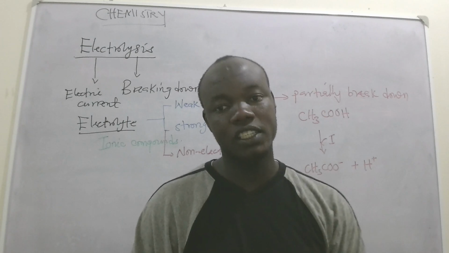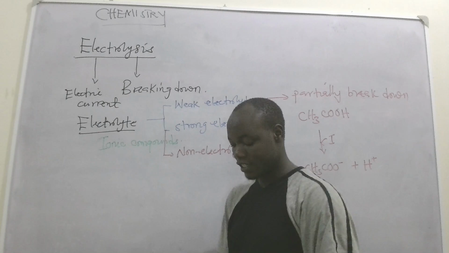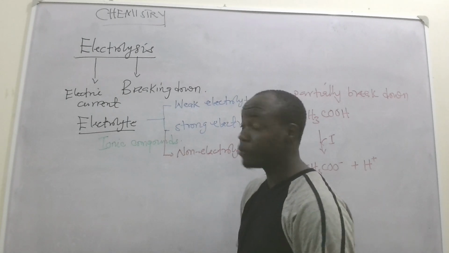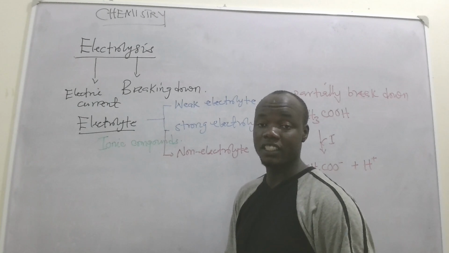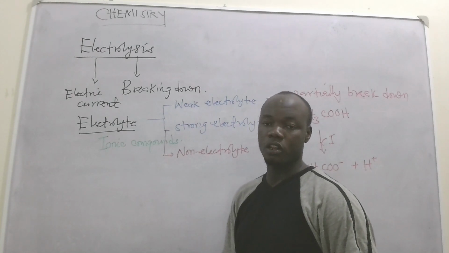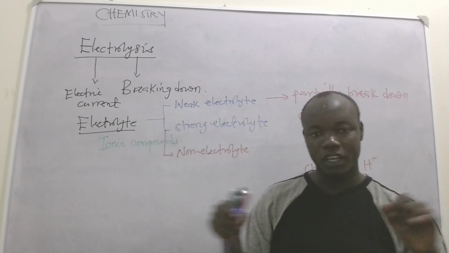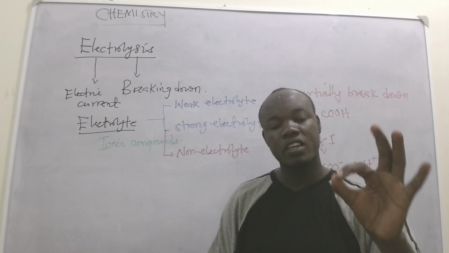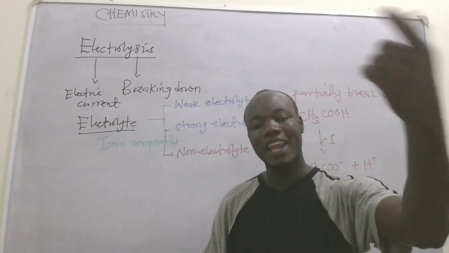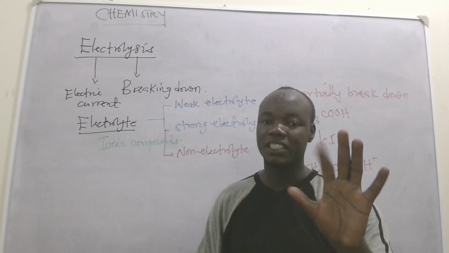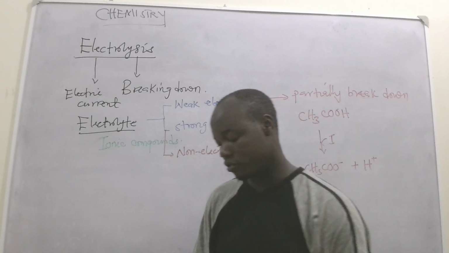Now we are talking about electrolysis. Electrolysis is the chemical decomposition of compounds into their component ions by passing an electric current, either in a solution or in molten form.